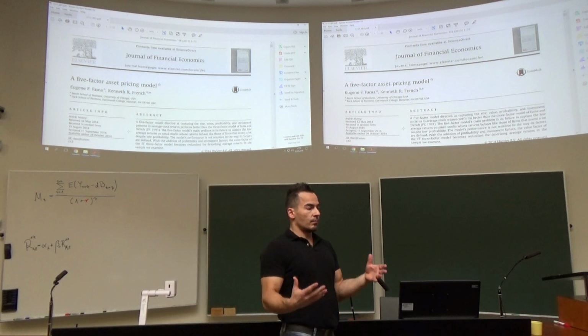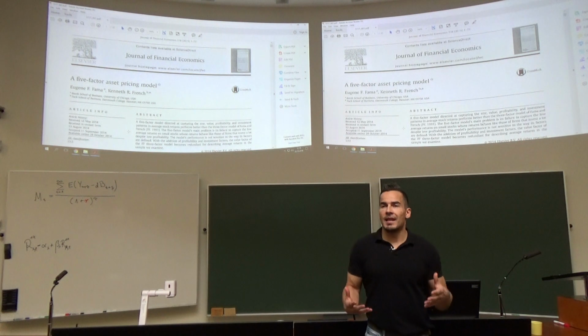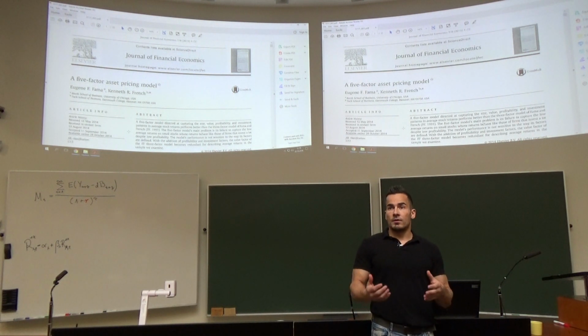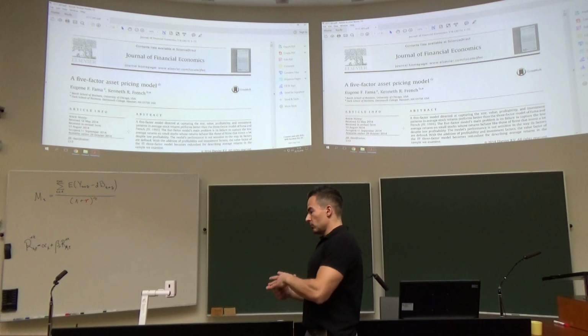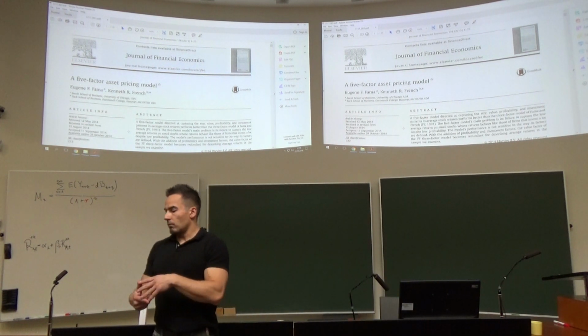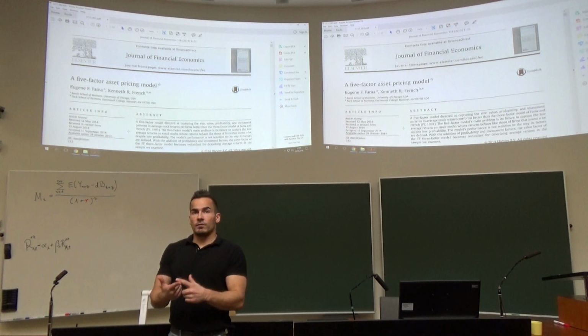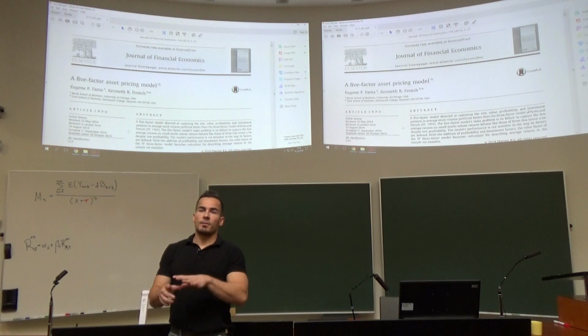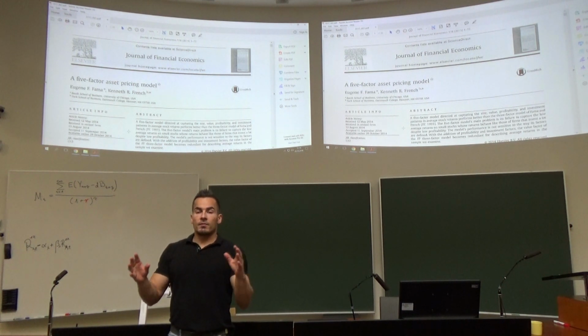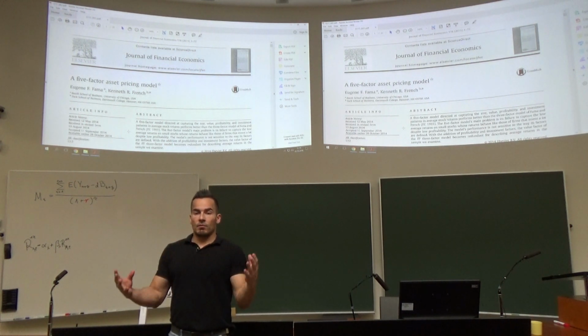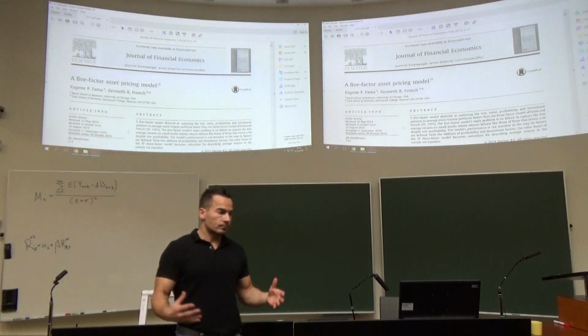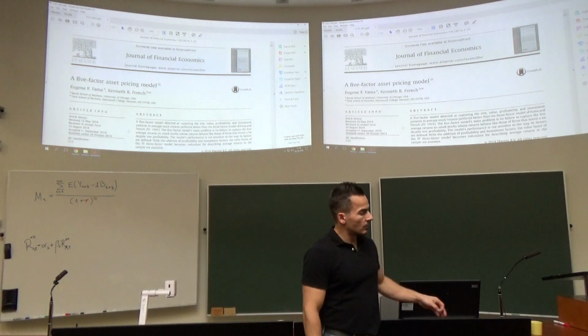There's a 2011 paper from Lustig, and they figured out that the first 2 principal components, the largest eigenvalues of the covariance matrix of currencies, are basically the dollar factor and the carry risk factor. These 2 factors span or explain like 95% of the covariance matrix associated with currencies.